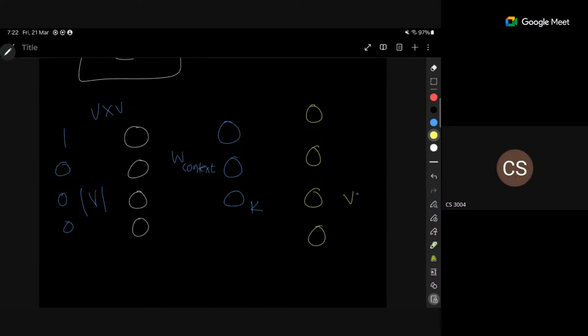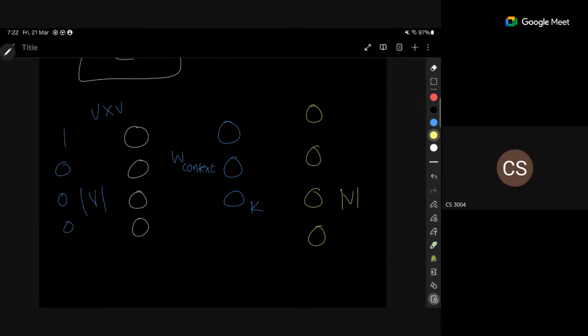It has to be of V size. The first layer and last layer have to be V size. The middle layer has to be of smaller size than V, so that we can represent a word using fewer numbers in a vector. That's why this is K.